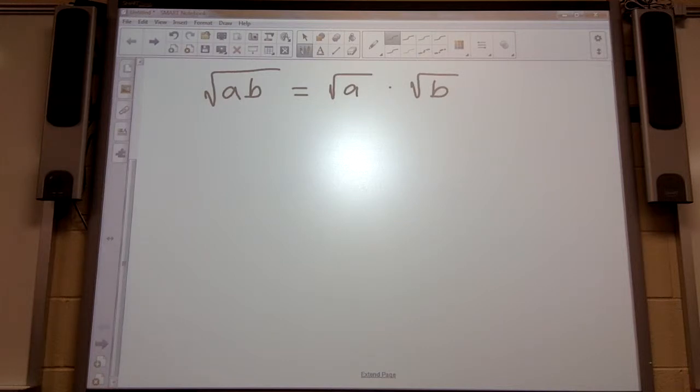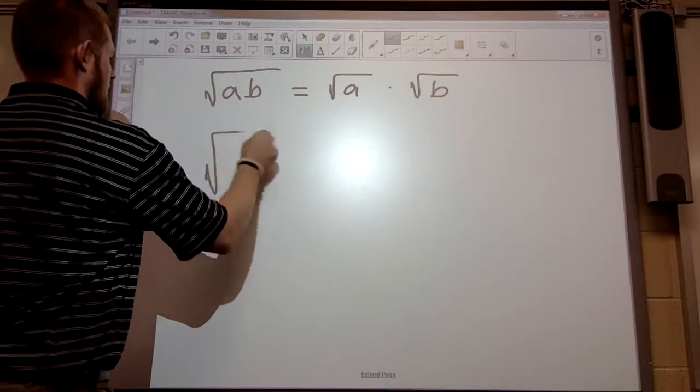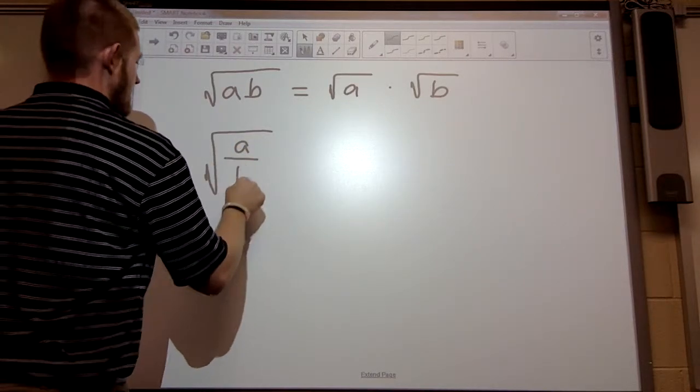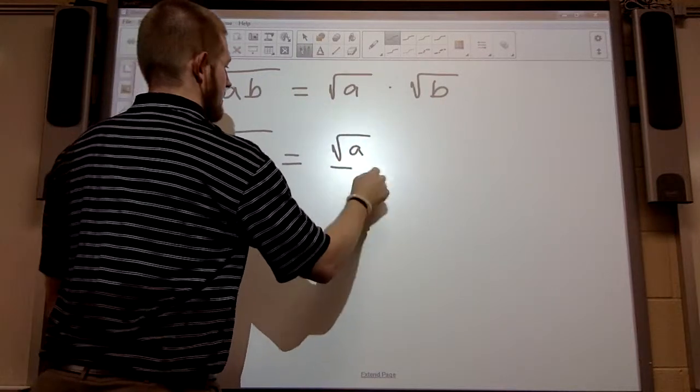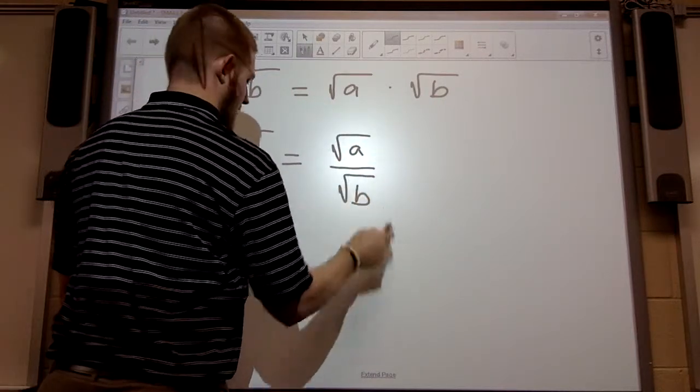I'm going to assume that you probably talked about it at Mr. Sweetzer's as well. We also need to know that the square root of A divided by B is equal to the square root of A divided by the square root of B.